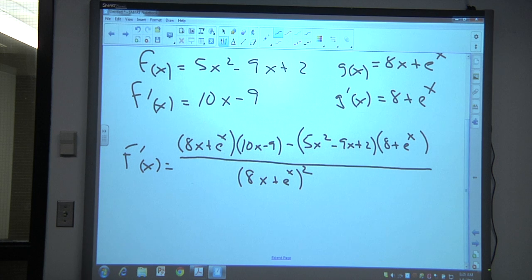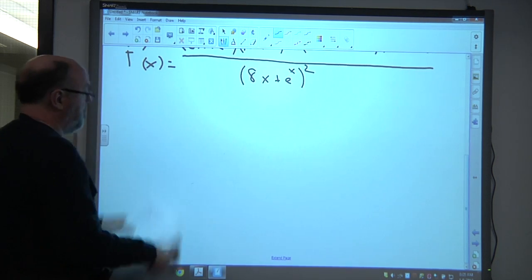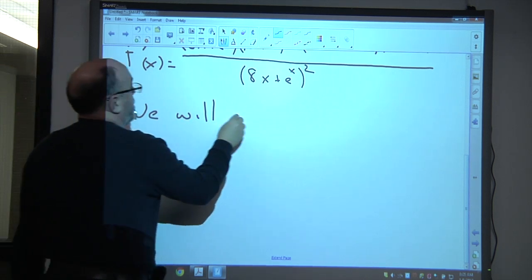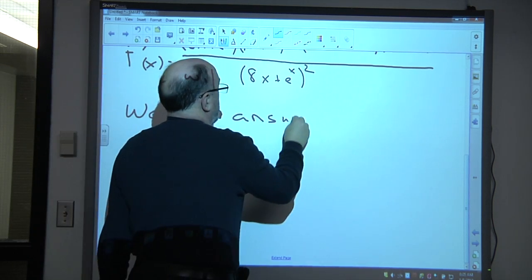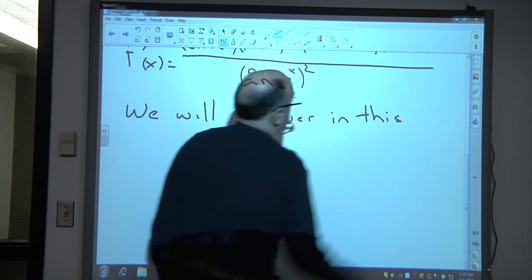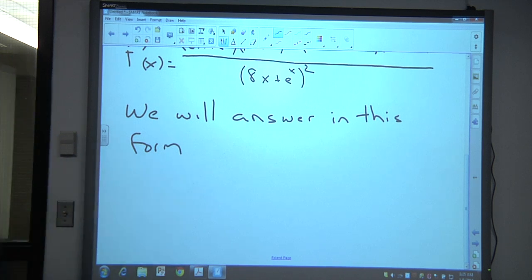And like the one we did in the product rule, we will leave the answer in this form. Right? So we have in terms of the product rule, we have in terms of the quotient rule.